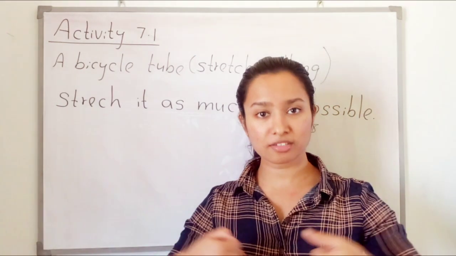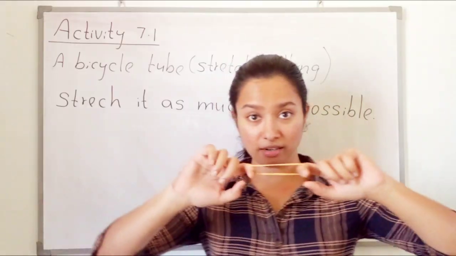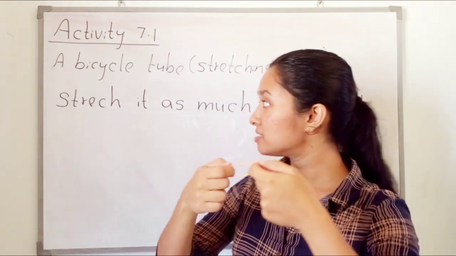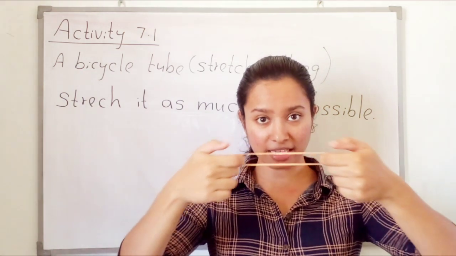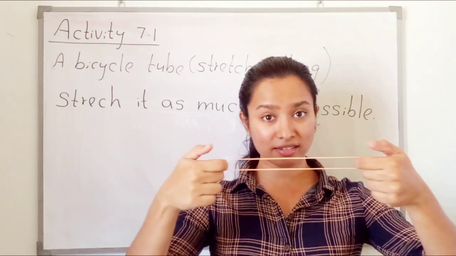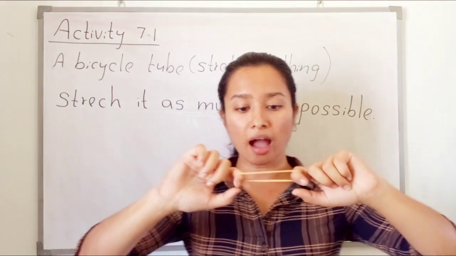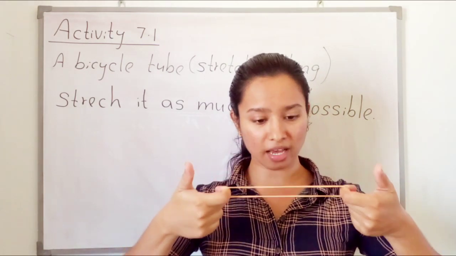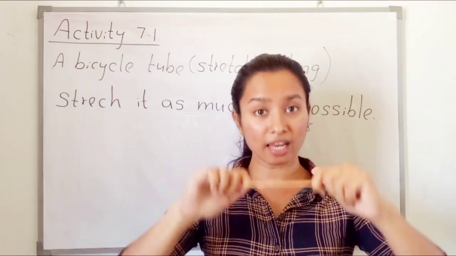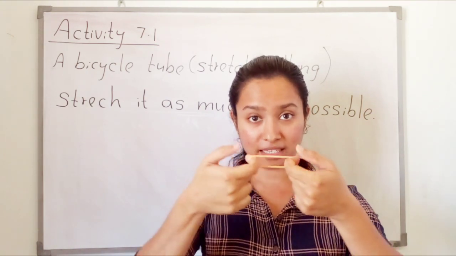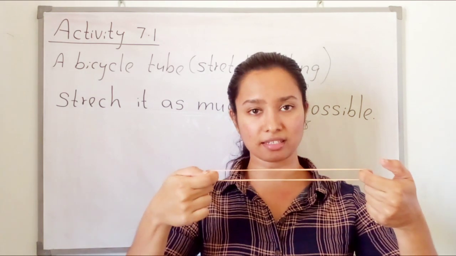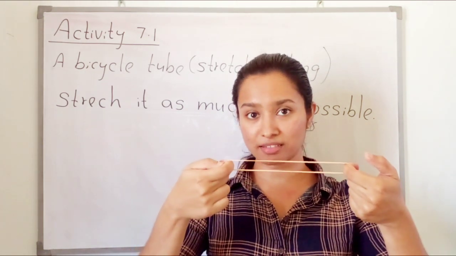So here, this rubber band. We have to stretch this. While stretching, here I am pulling this rubber band to both sides. You can see the length of the rubber band is increasing. So why? What's the reason?